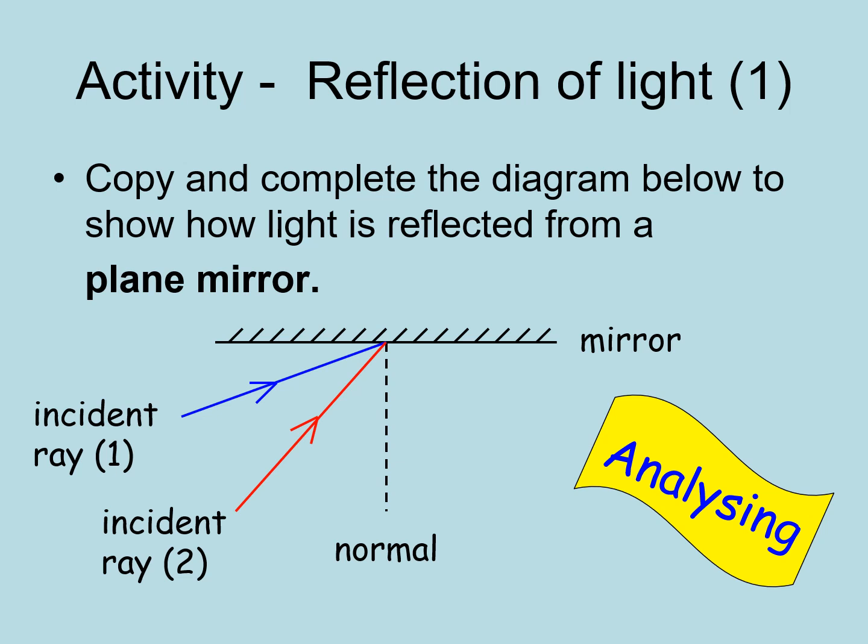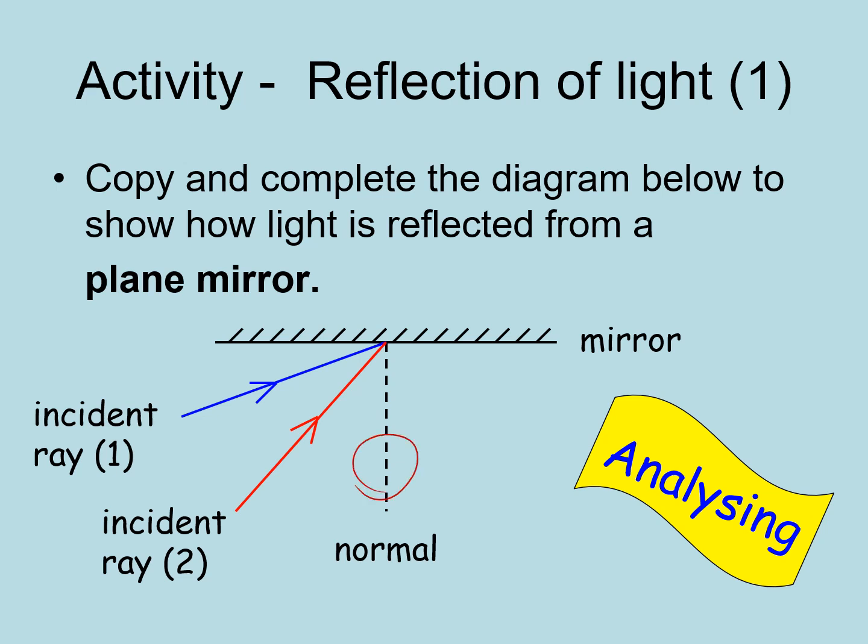The first activity is looking at the reflection of light. We would look at this diagram and complete the diagram to show how light is reflected from a plane mirror, that is a flat mirror. On the diagram, we can see we've got the mirror at the top, and then we draw this line at 90 degrees, right angles, called the normal.